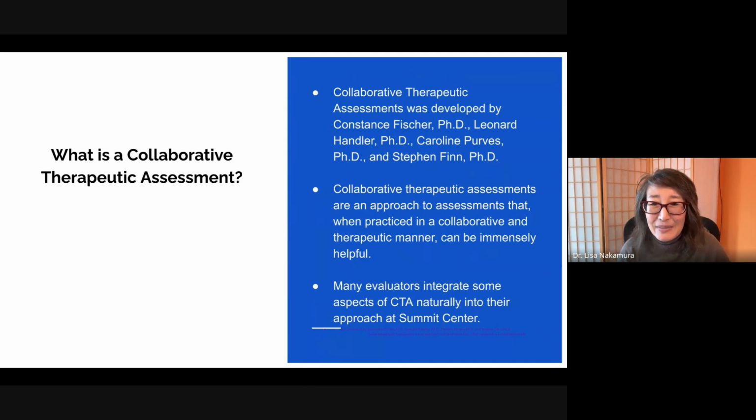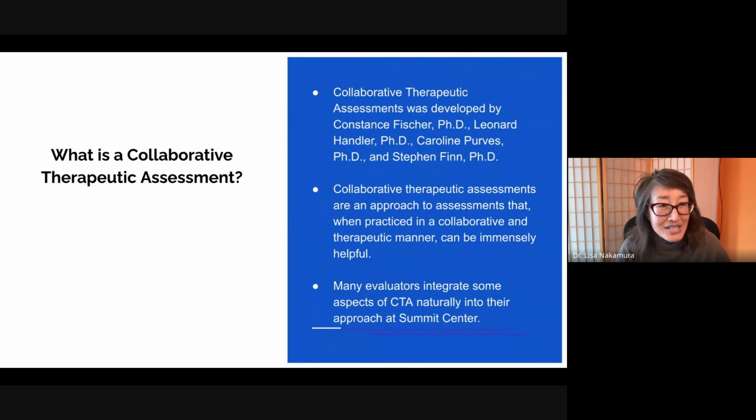I think one thing I want to recognize is that many psychologists are collaborative and therapeutic by nature. It's not that it has to come from this model. They just naturally incorporate that, and that's really important.